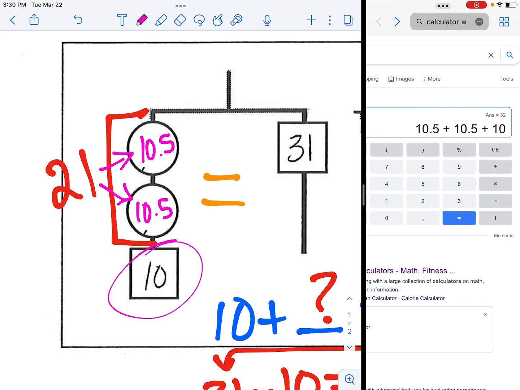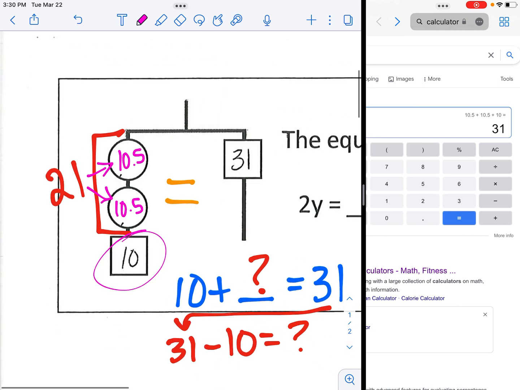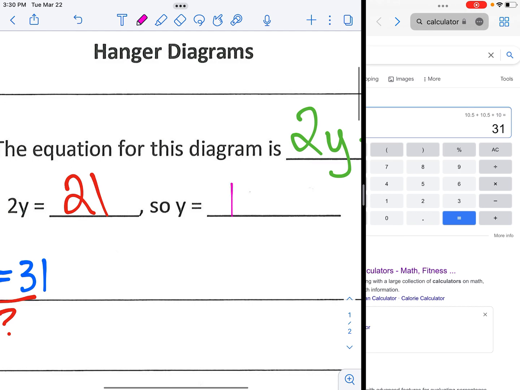This time I'm going to make sure it says 10. It does. That equals 31. The first time I did it, I tried to press 10, but it said 11. So what did I put on top of those y's? 10 and a half.